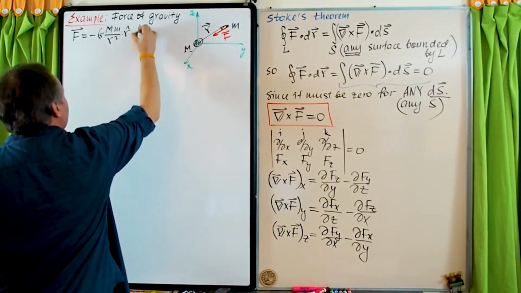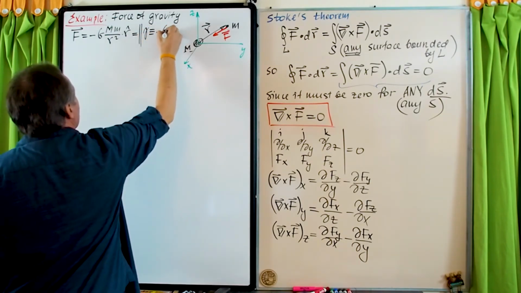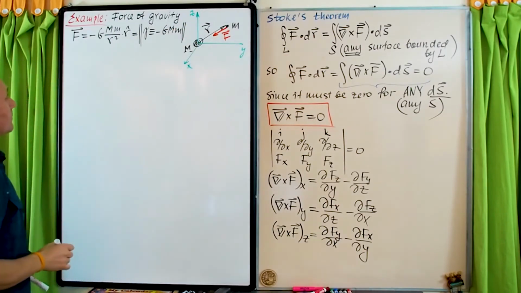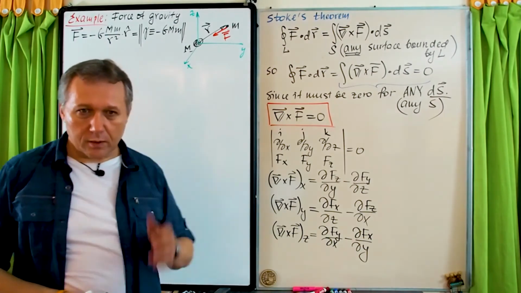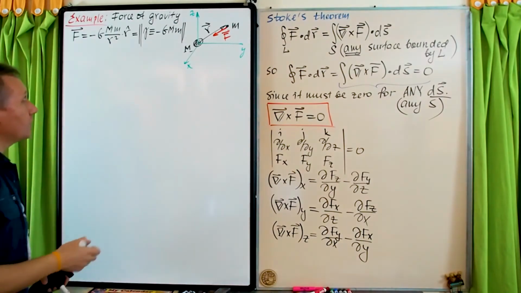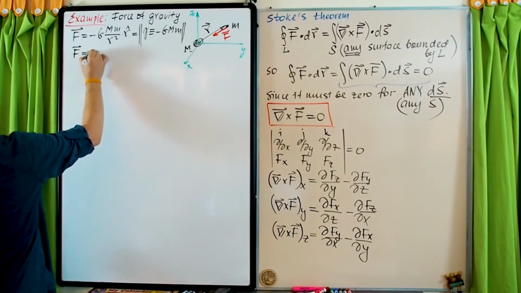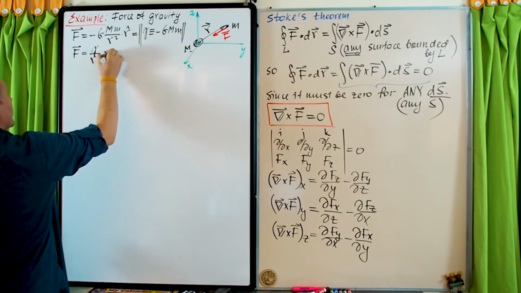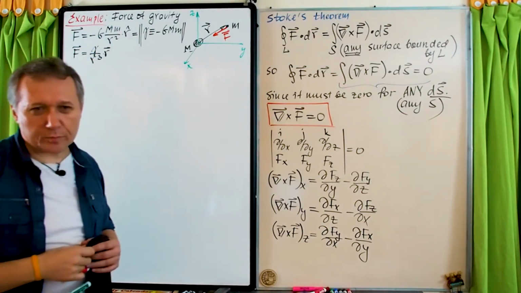So let me call gamma as minus G M capital M small. And let's switch from the unit vector R to the position vector. So as a result, I can write F equals gamma over R to the power of 3 times R. Okay, it looks better.